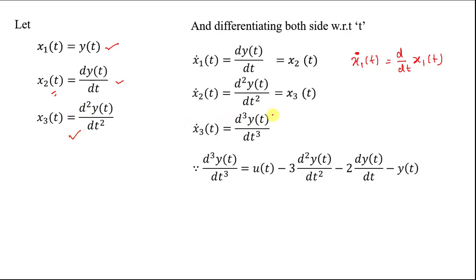Since the given differential equation comes from the transfer function, x3 dot equals u(t) minus 3 times d square y(t), that is x3(t), minus 2 times dy by dt, that is x2(t), and minus y(t), that is x1(t).